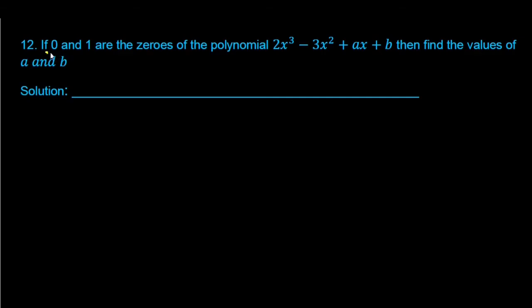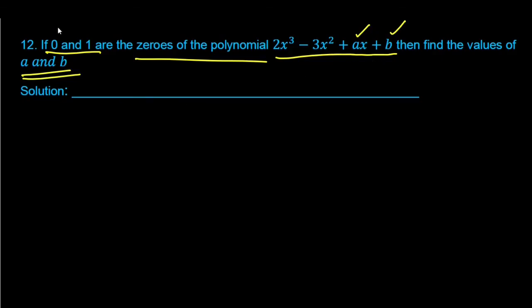12th one, if 0 and 1 are the zeros of the polynomial 2x cubed minus 3x square plus ax plus b, then find the value of a and b. Here we have two unknowns, a and b, and we are given with two conditions. 0 is a 0 and 1 is also a 0 of the polynomial.